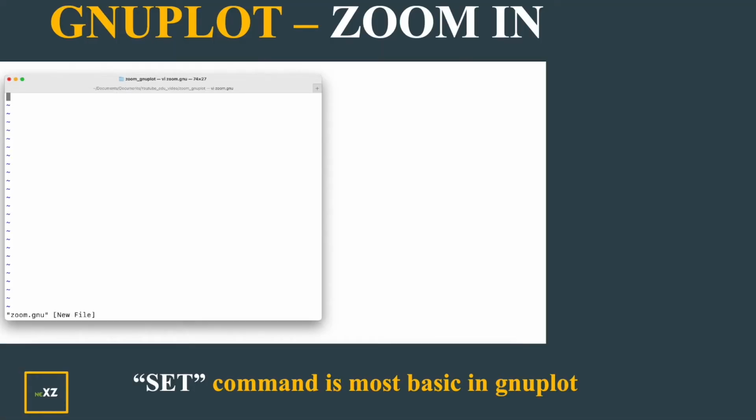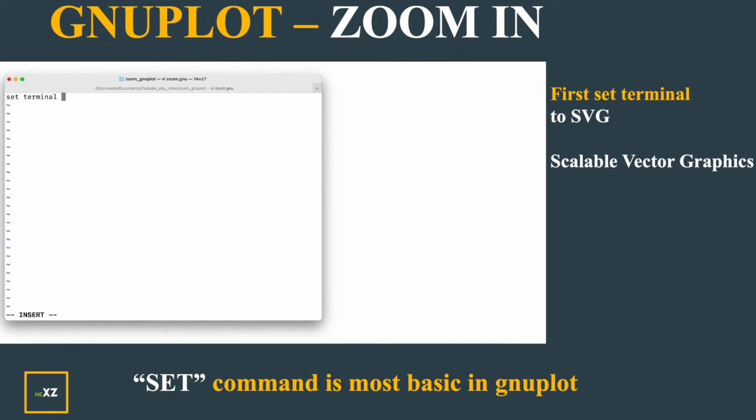Hi guys, let's start with the code. So I set my terminal to SVG, scalable vector graphics, so that I can get a vector plot, and I set my output to any name I wish in quotation marks. So I save it as multiplot.svg.